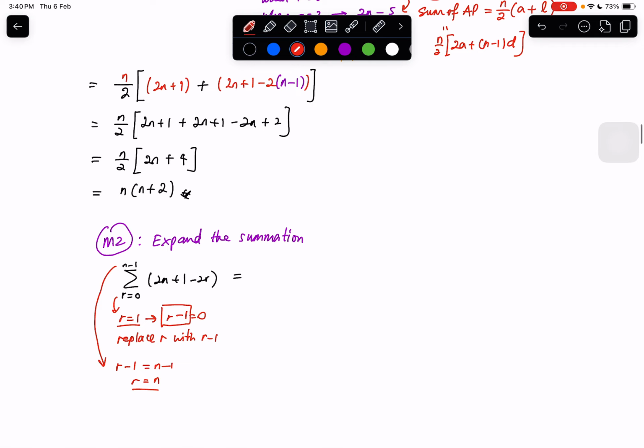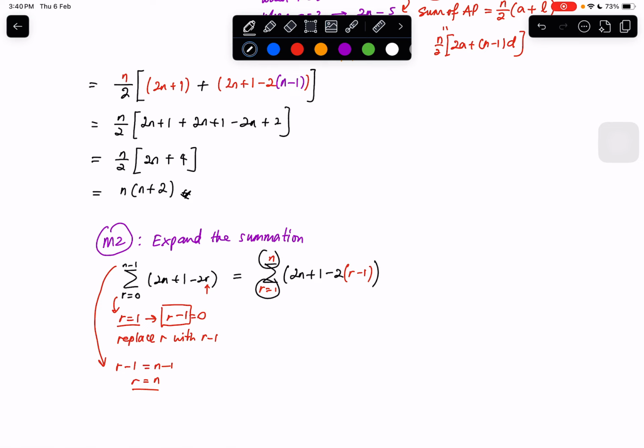Then we need to change this over here as well. Let's see how this looks. The lower limit will be changed to 1, the upper limit will be changed to n, and this one over here would be 2n plus 1 minus 2 times r minus 1. Replace r with r minus 1.